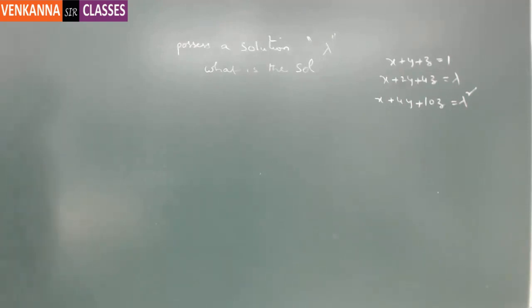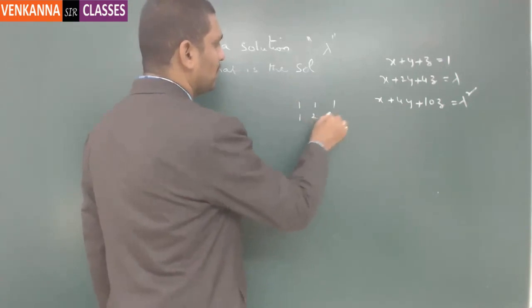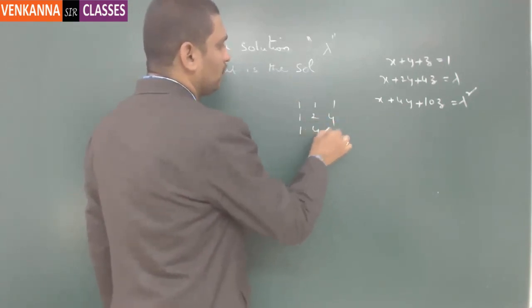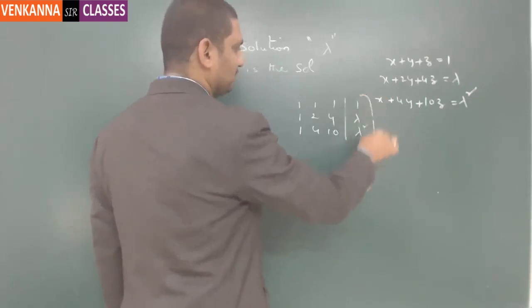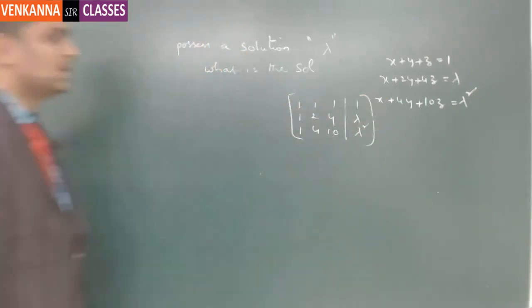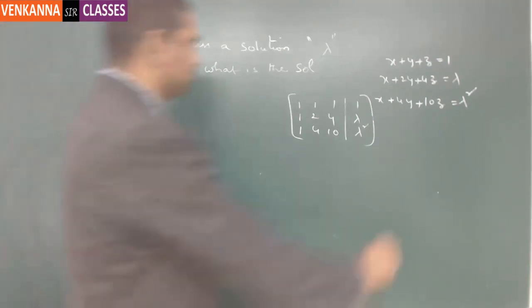Let us write the augmented matrix. So 1, 1, 1, 1, 2, 4, 1, 4, 10, augmented with 1, lambda, lambda square. Since the first row contains 1 in the first place, there is no need to interchange rows. So let us do the row operations as it is.